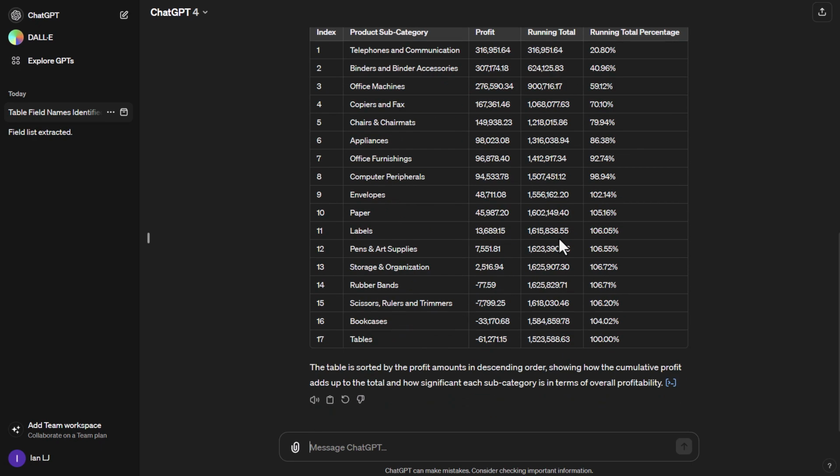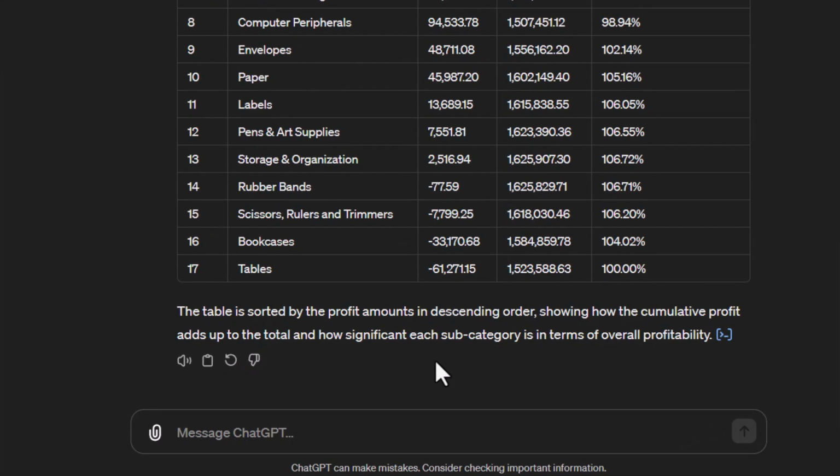Okay, so we use product subcategory just to be able to get an understanding of this so we can see the table of items. Let's do this with our customers. So we're going to say display, let's create a table displaying the profit by customer.